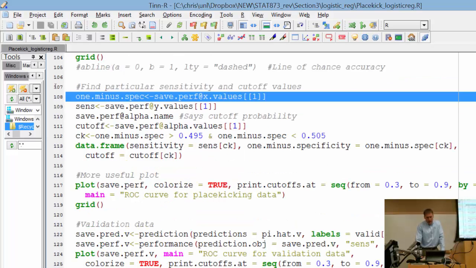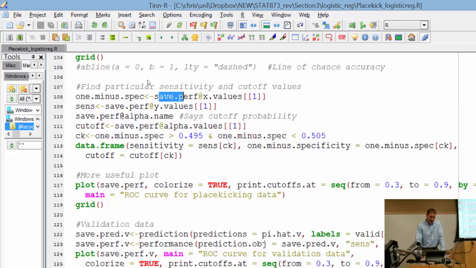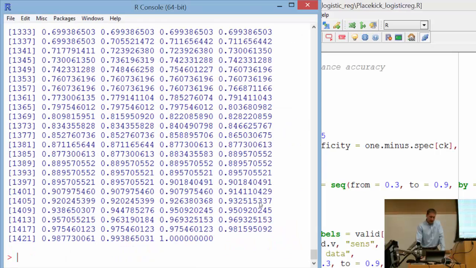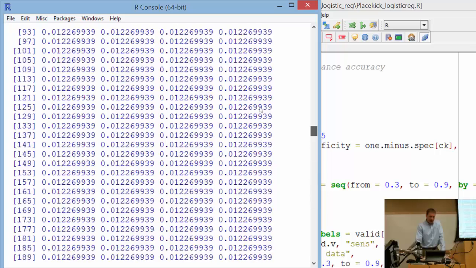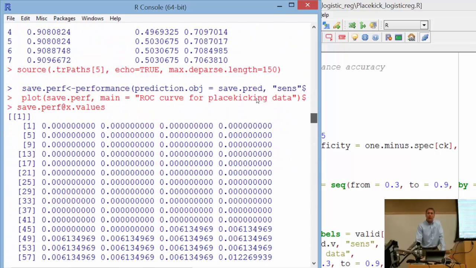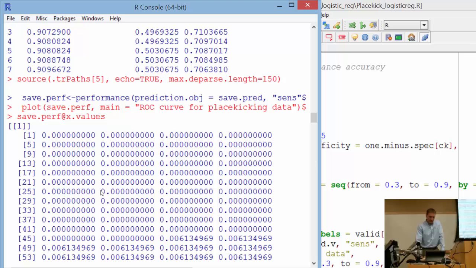First of all, to make it a little bit easier in terms of syntax, I'm going to extract all the values that were plotted on the x-axis of that plot. So save.perf@x.values is all my x-axis values that are on my plot. Notice here that we have this double bracket 1.